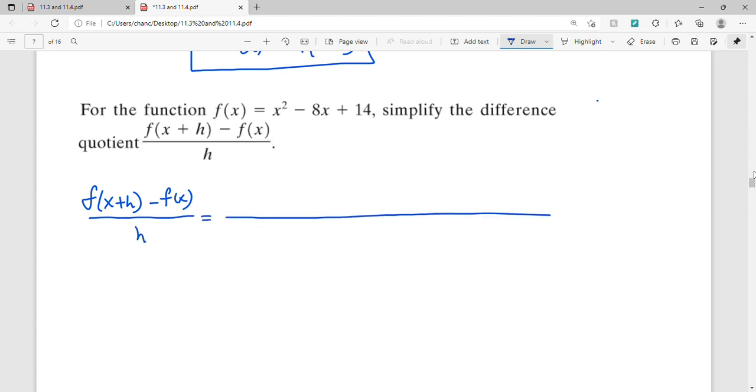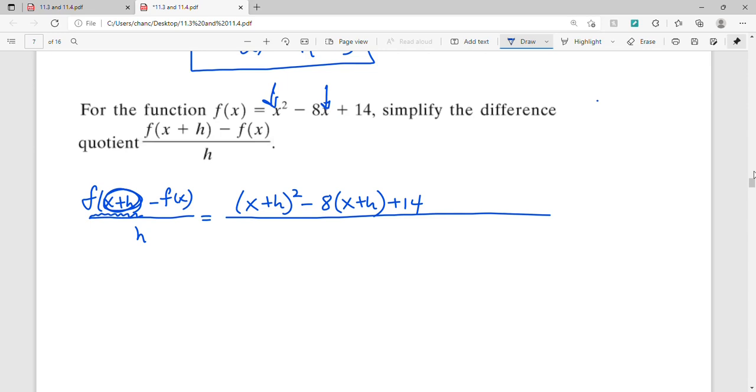The first step is to substitute the x plus h every single place we see an x. So this is x plus h squared minus 8 times x plus h plus 14. That's the very first part of the function f of x plus h.